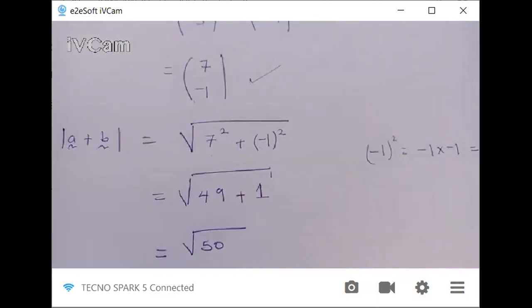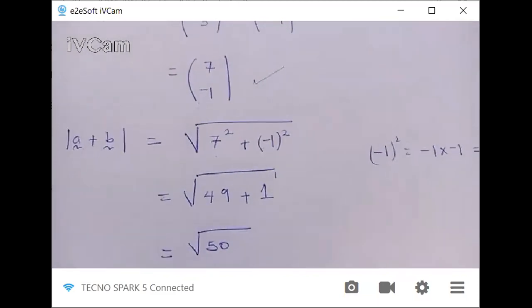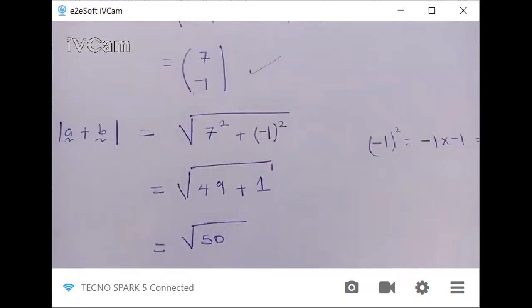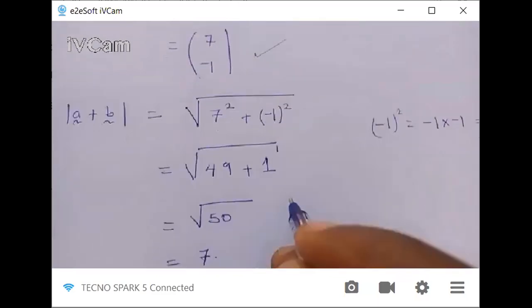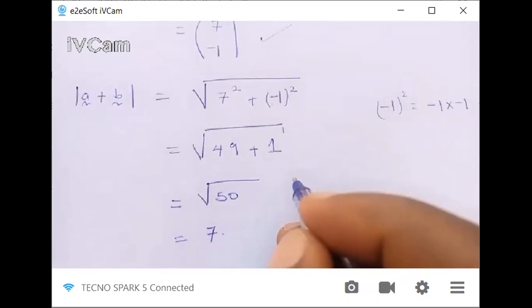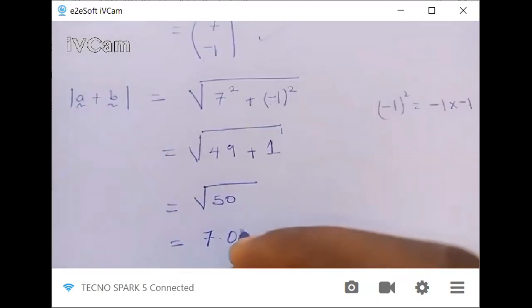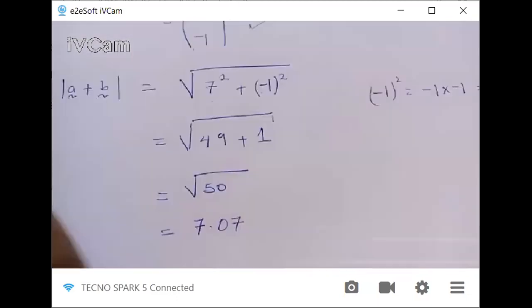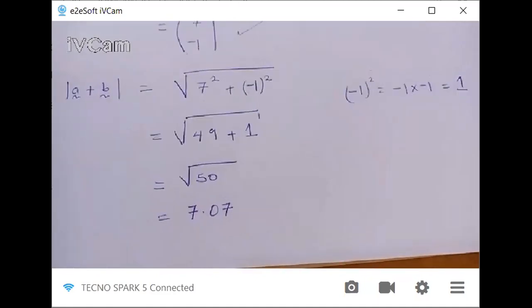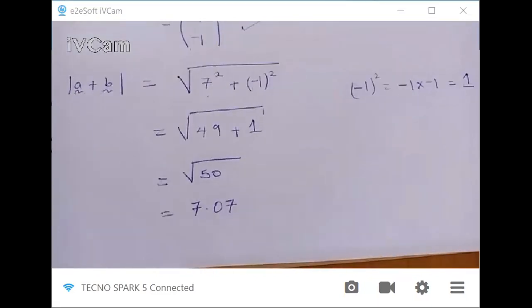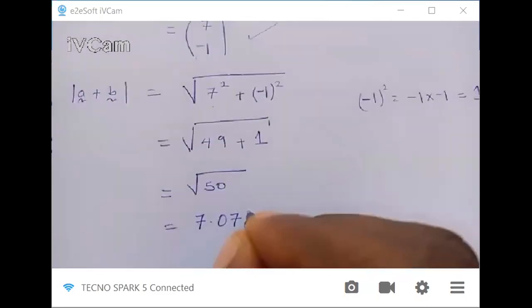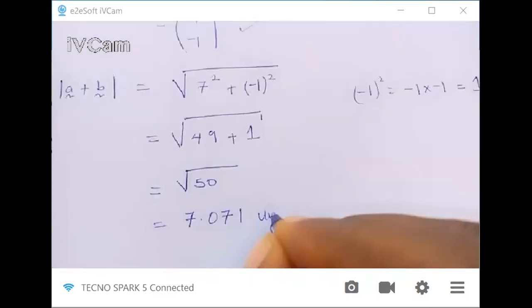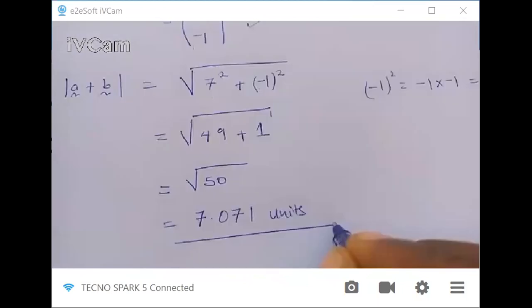So the square root of 50 is 7 point what? 7.071067812. Good, correct.